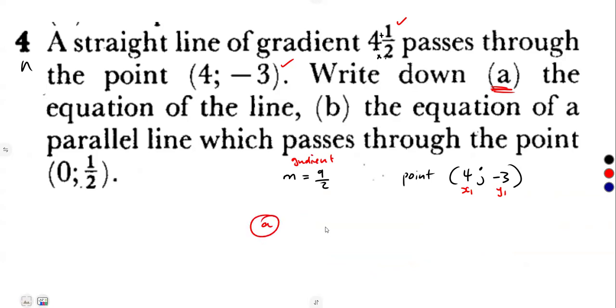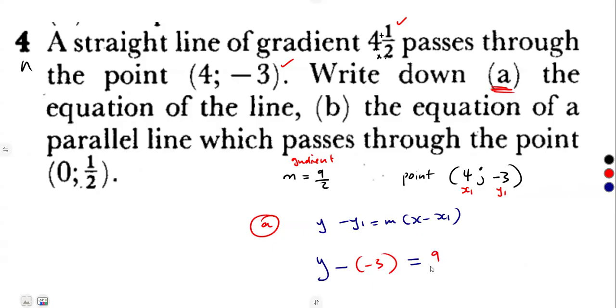So that is the equation using any of those two ways. y minus y1 is equal to m into x minus x1. We can have our equation. So y minus y1, the y value is what? Minus 3. All right, is equal to m, the gradient. Our gradient is what? 9/2.